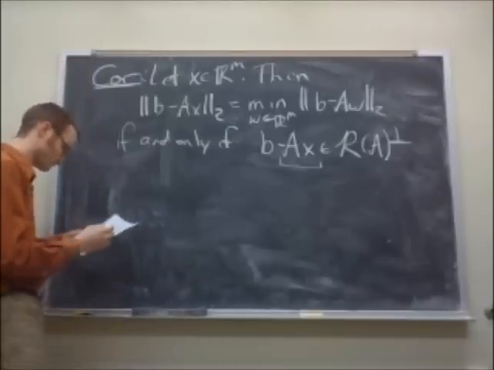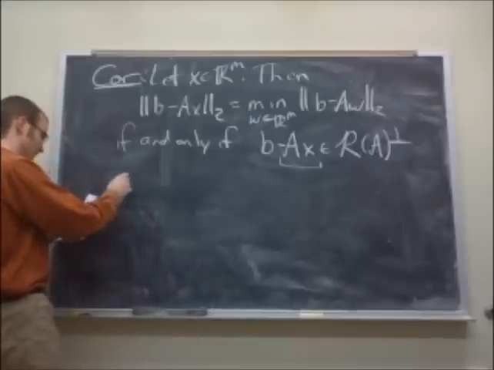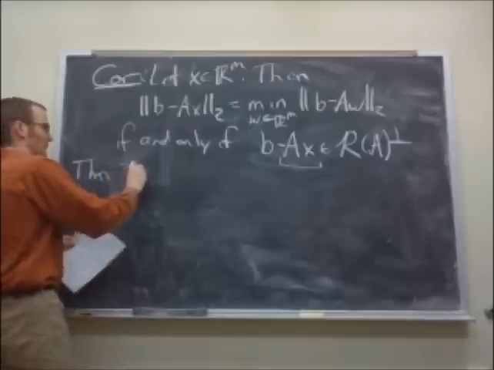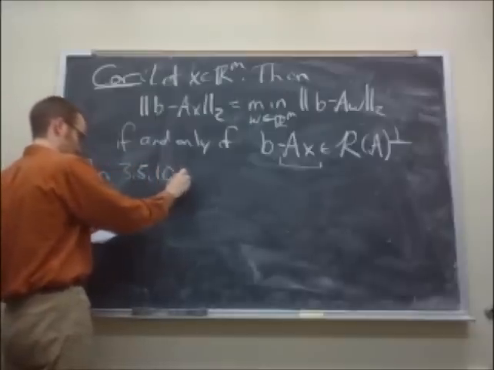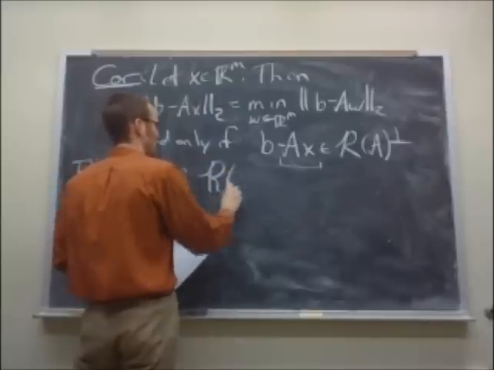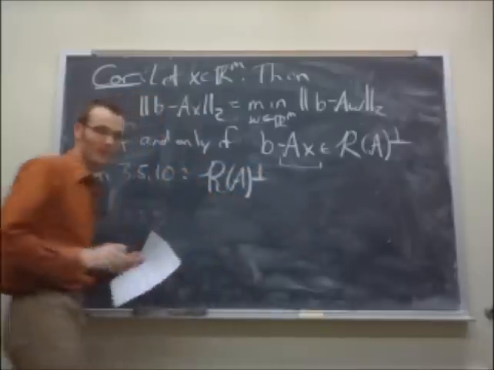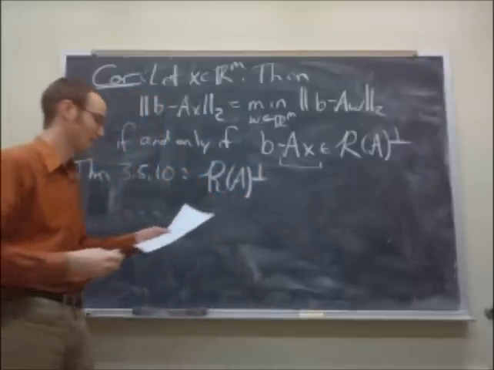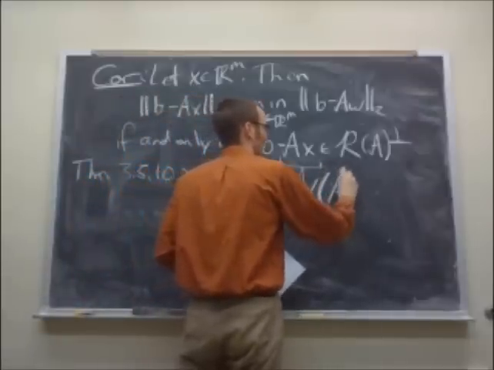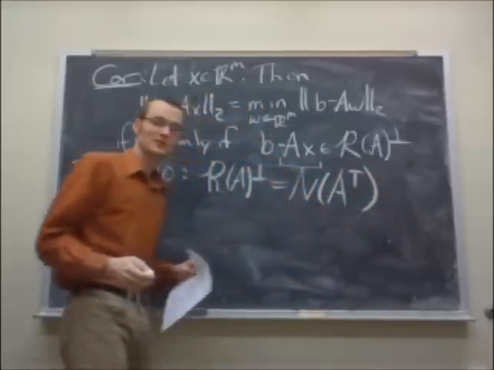So, that's Theorem 3.5.10. It says that the range of A perp, the perpendicular complement to the range of A, is equal to the null space of A transpose.